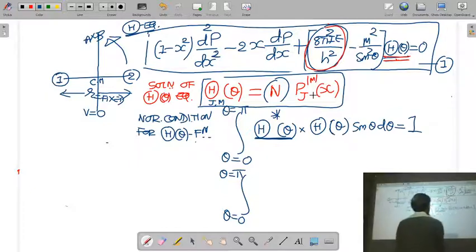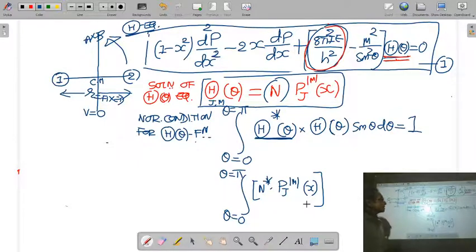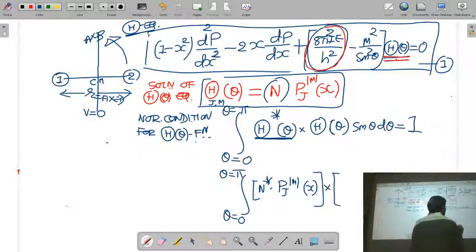So I write the complex conjugate as N star P_j^n(x), because this theta equation does not contain any complex number. Into the theta equation, which is N into P_j^n(x).